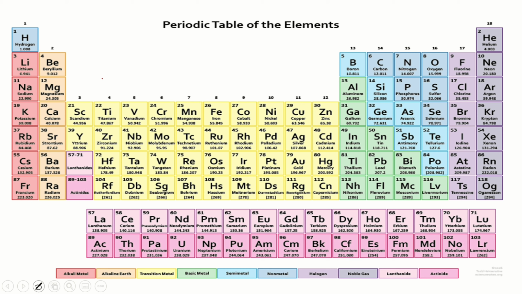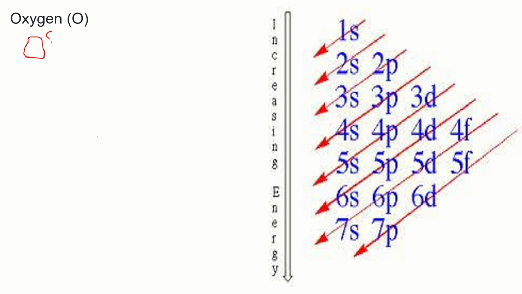Now, in the periodic table of elements, here is the oxygen. The atomic number is 8. Now, let's write the atomic number. The atomic number is equal to the number of electrons.